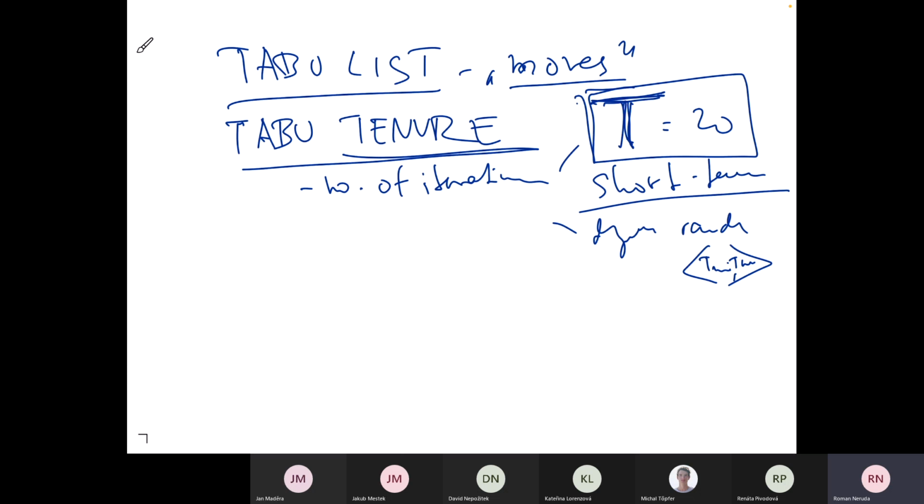And with the Tabu tenure, basically, if you think of it, the idea is that we have a hill climbing with some no-go zones, right? The tabu list tells us some no-go zones.